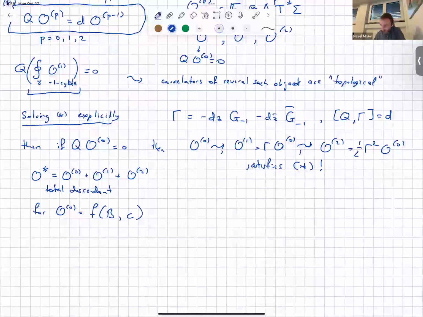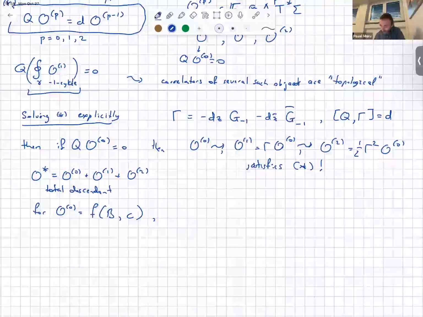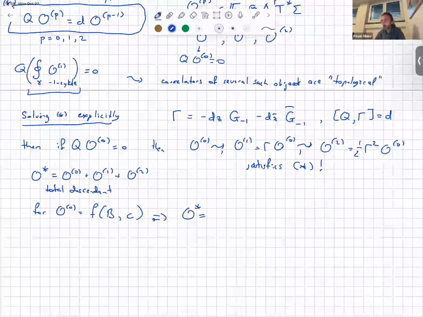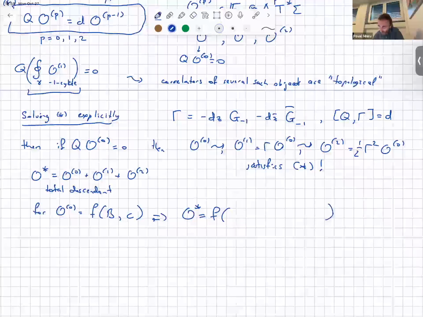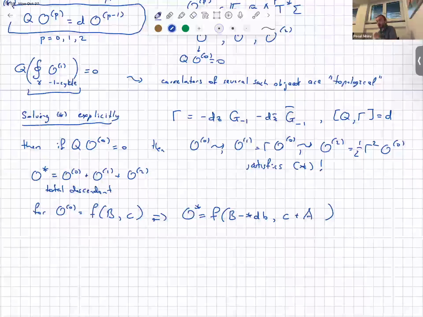And then it turns out that this inhomogeneous form, the total descendant, is the following. I should apply that function to, I should replace B by B minus star D, the little b ghost. And I should replace c with c plus capital A, which is a weird formula, but it is how this total descendant works.